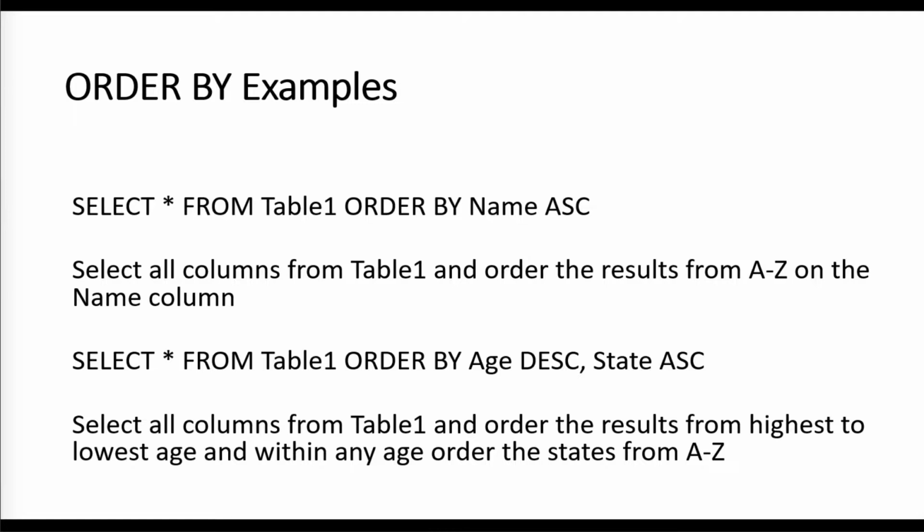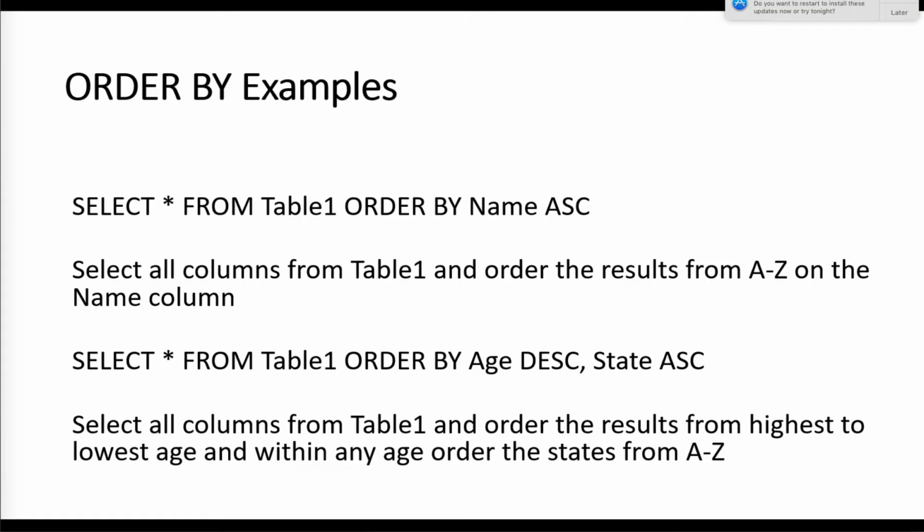Here's, if we had a table called Table1, we could say SELECT * FROM Table1 ORDER BY, and we're going to order by the name column in this case, ASC, which stands for ascending. So this would select all columns from Table1 and order the results from A to Z on the name column. Here's another example. SELECT * FROM Table1 ORDER BY age DESC, or descending, comma, state ASC.